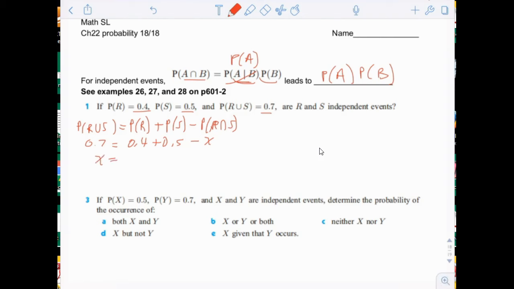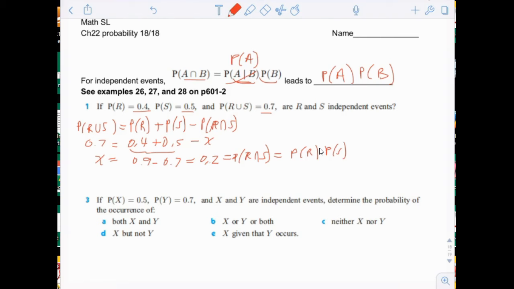We're going to get 0.4 plus 0.5 is 0.9 minus 0.7. So X, which is R intersect S, happens to be 0.2. Now it's asking us if R and S are independent events. Well, the probability of R intersect S, if they're independent, is the probability of R times the probability of S. What's the probability of R times the probability of S?